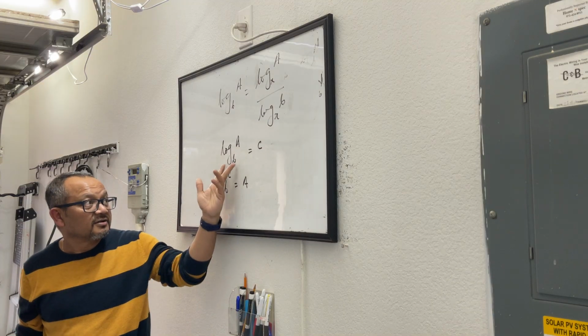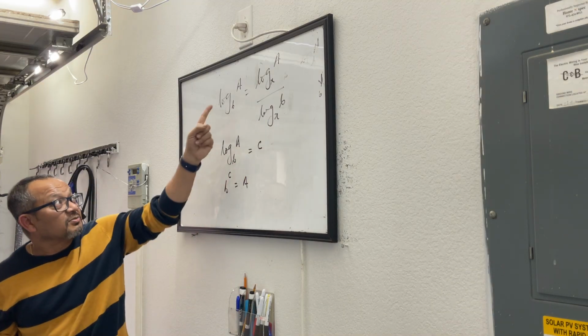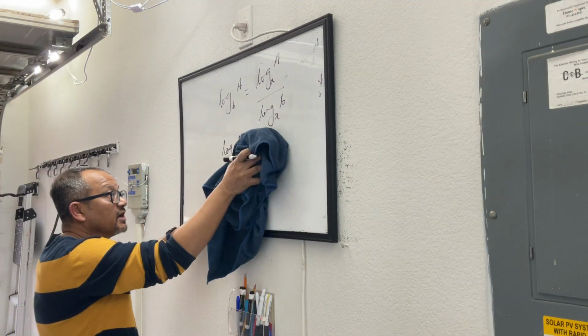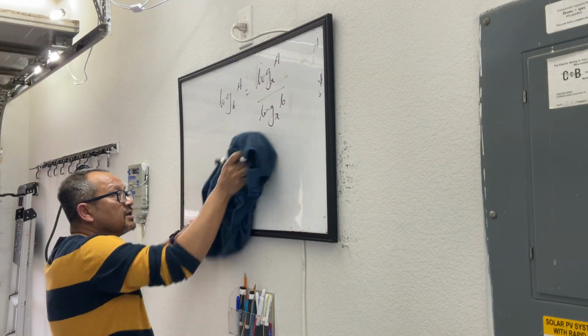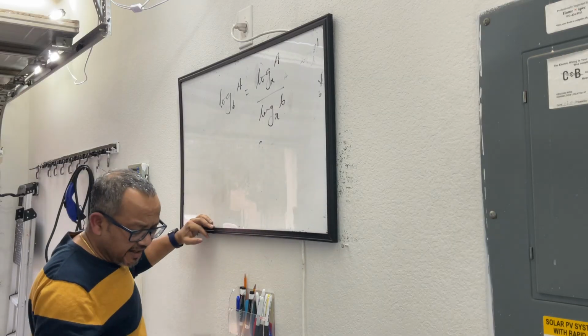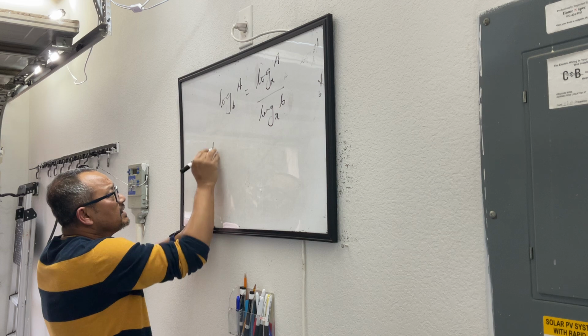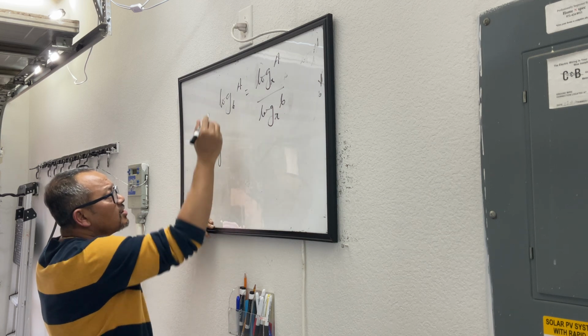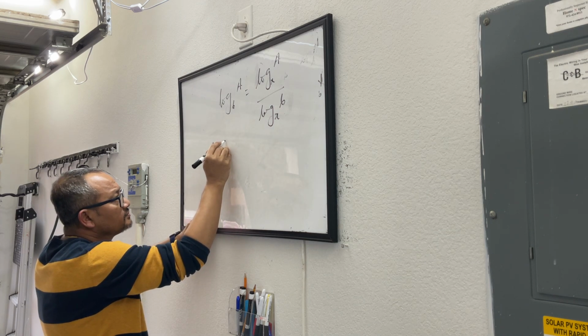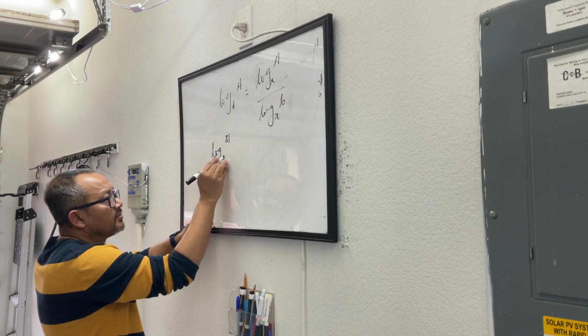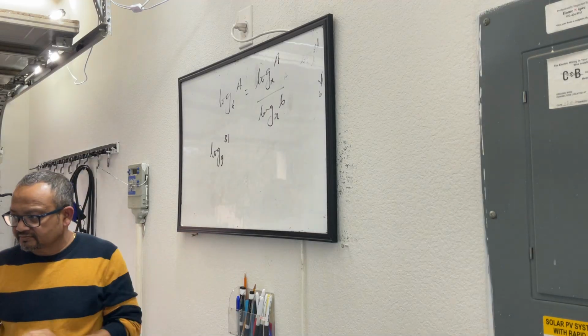Sure? Now let's come to proving this one first, before I make you guys struggle with the actual problems. So let's take one example where we can solve for it. Let's say we are trying to find out log of 81 base 9. Okay?